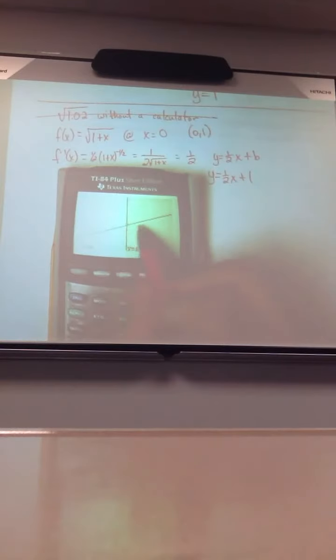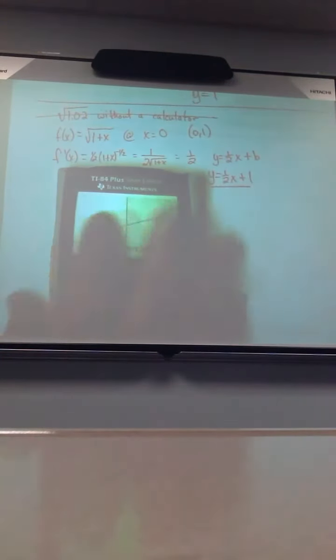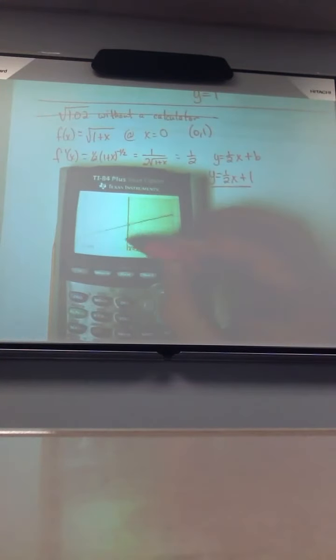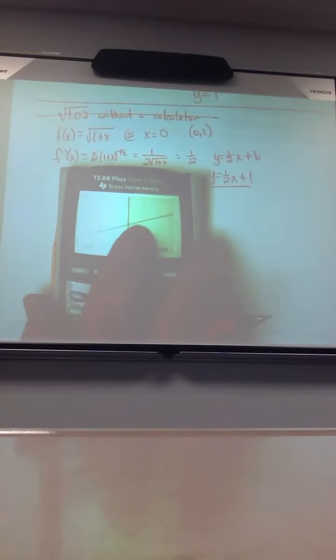Since it behaves like a straight line, couldn't I use this and just plug in 0.02 for x? Because my equation of my tangent line at that point is that straight line if I zoom in enough. And since we're so close to 0, if I go over 0.02, do you think it's going to start curving, or is it going to look like a straight line? It's still going to look like a straight line pretty much.